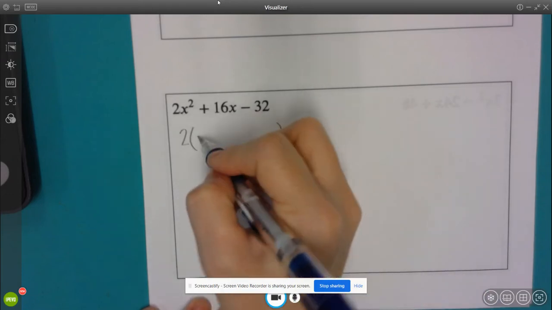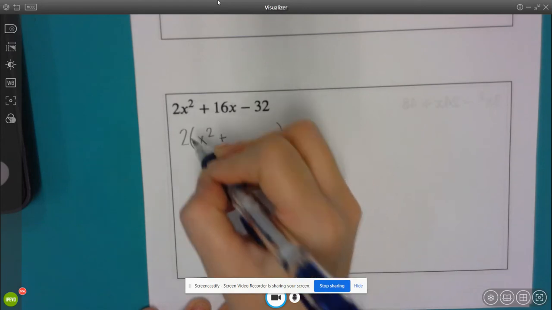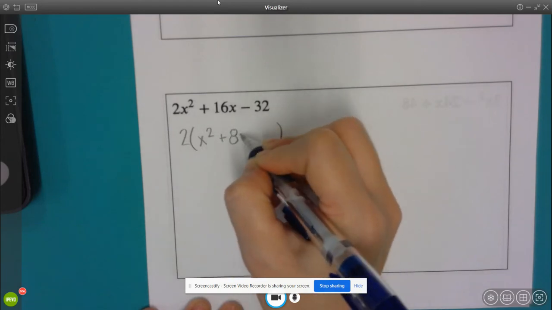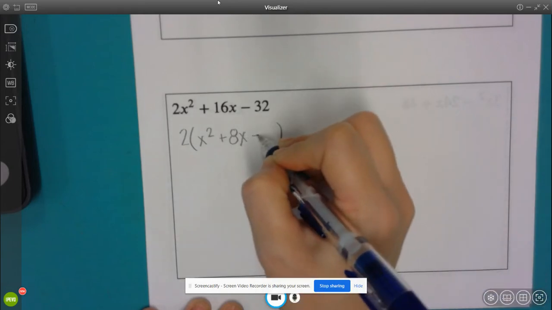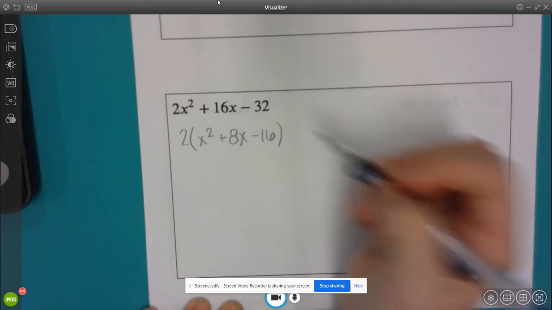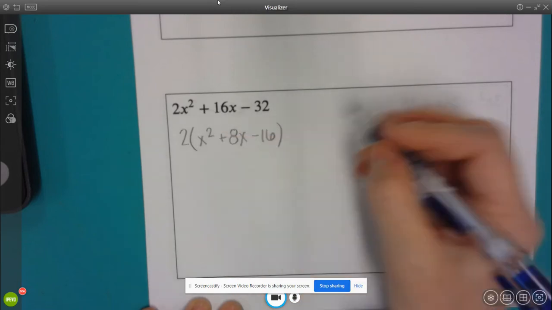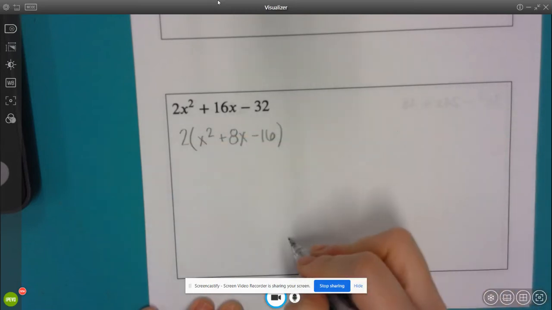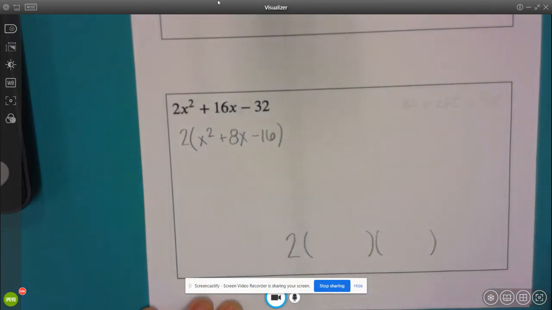So 2 times x squared would get me 2x squared. 2 times 8x would get me 16x. And 2 times negative 16 would get me negative 32. So one thing we're going to have in our final factorization is that coefficient of 2 out in front.